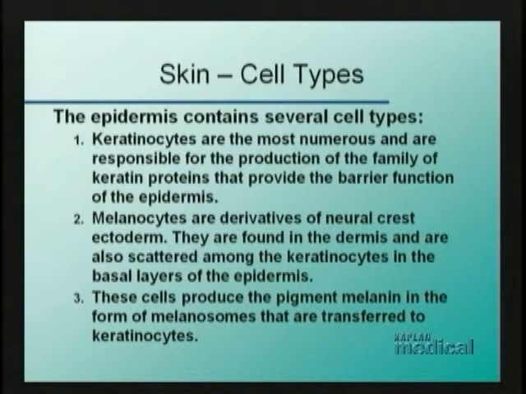These are derivatives of neural crests that migrate into the basal layers of the epidermis. Their job, as their name suggests, is to produce the pigment melanin in the form of melanosomes. Melanin is then transferred to the keratinocytes, and it really is the keratinocytes that convey the color to skin, even though the pigment melanin is produced in the much less numerous melanocytes in the basal layers.